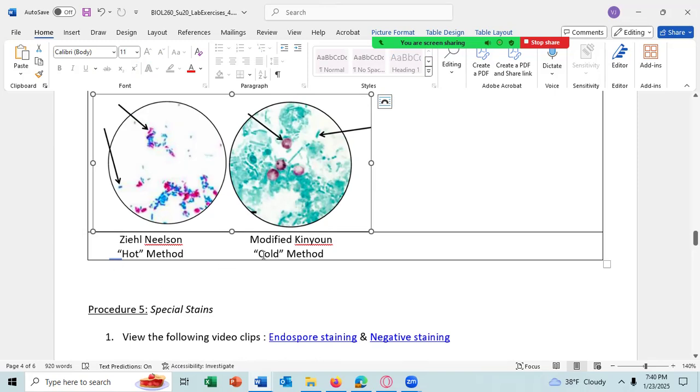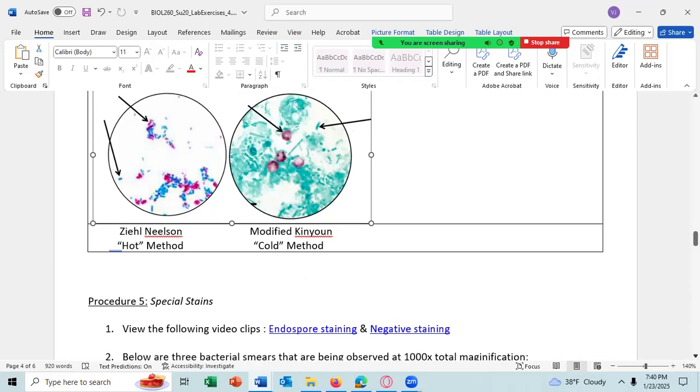And then talk about the modified Kinyoun method or the second picture. Tell me if the arrow on the left is acid fast positive or acid fast negative, and then tell me the same for the arrow on the right. Any question about procedure 4?